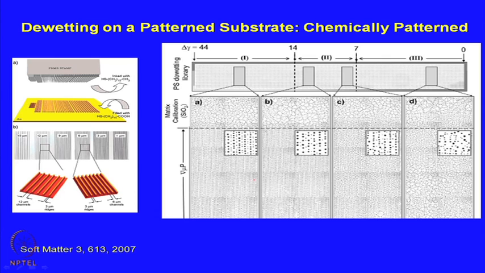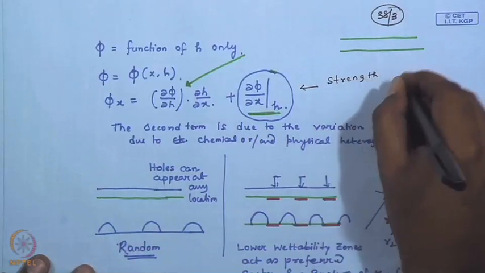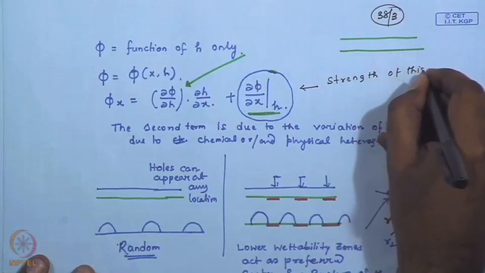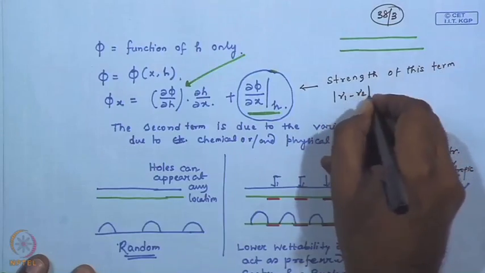Because how does it manifest in the equation? Because the strength of this particular term actually depends on the relative difference.